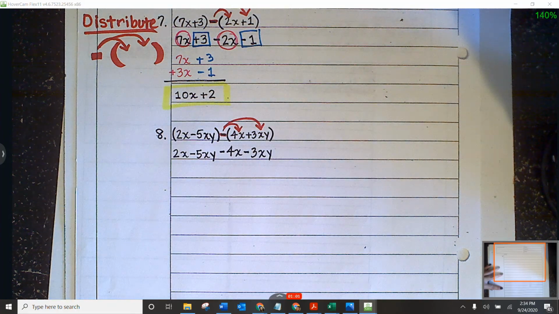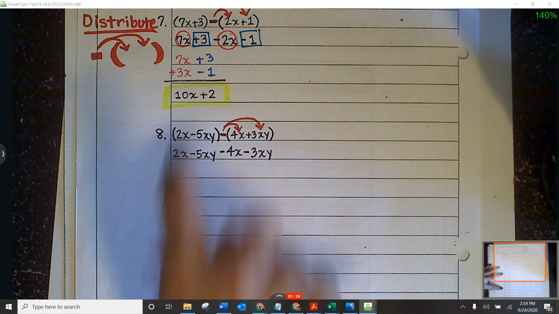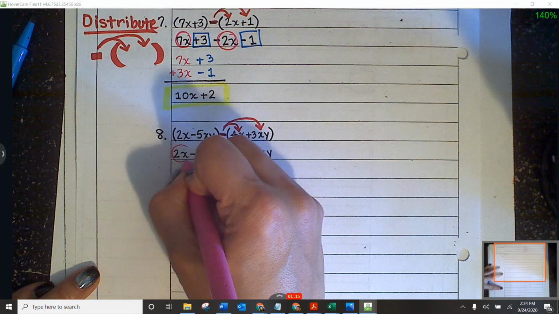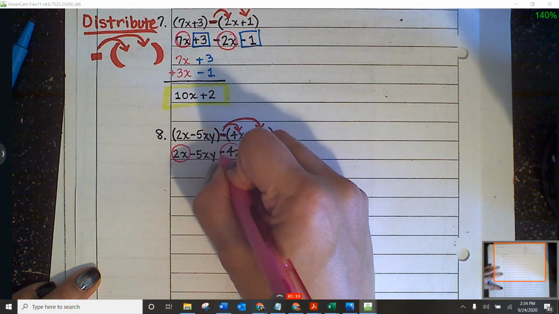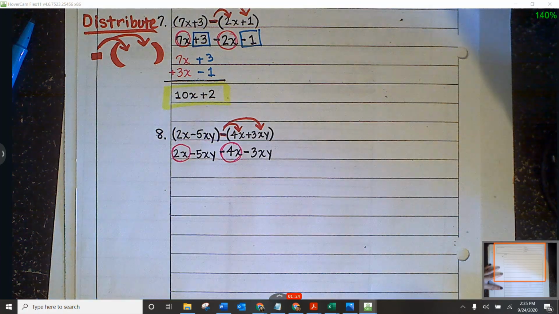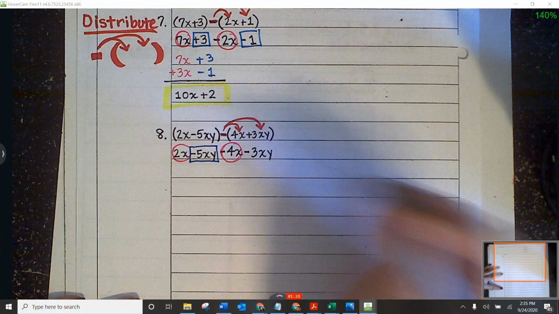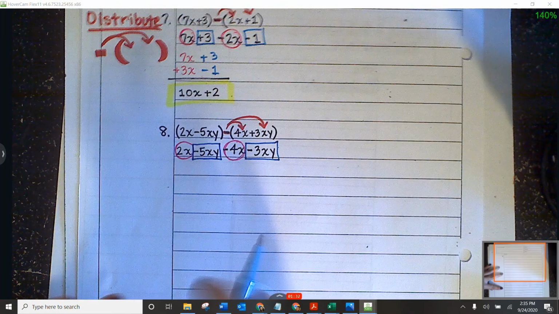Okay, so I'm going to go ahead and take out my purple pen, my pink pen and my blue pen. And here I am going to again circle in pink my 2x. And another like term would be negative 4x. All right, and then of course I would put my blue box with negative 5xy and negative 3xy.